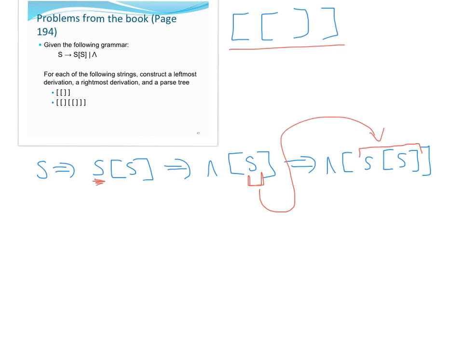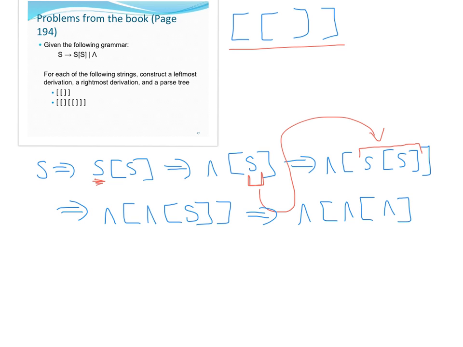That looks right. Okay, and now we're doing a leftmost derivation, and I think if I just replace everything with lambda, we're good. I just need to make sure I do it in the right order since we're doing a leftmost derivation. So that goes to lambda bracket, we'll replace that S with a lambda, bracket S, bracket, bracket, which goes to lambda bracket, lambda bracket, lambda, bracket, bracket. So there's our leftmost derivation.